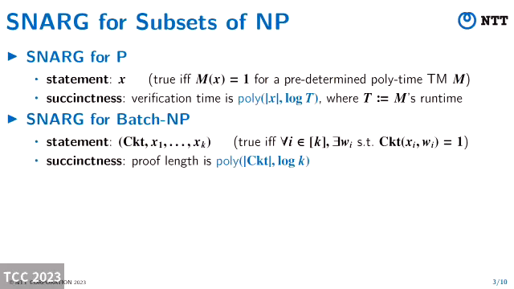Regarding succinctness, the minimal requirement for SNARGs for batch NP is that the proof length is sublinear in the number of inputs k, which means that the proof is not a simple concatenation of k witnesses. And usually it is required that the proof length is polylogarithmic in the number of inputs k.